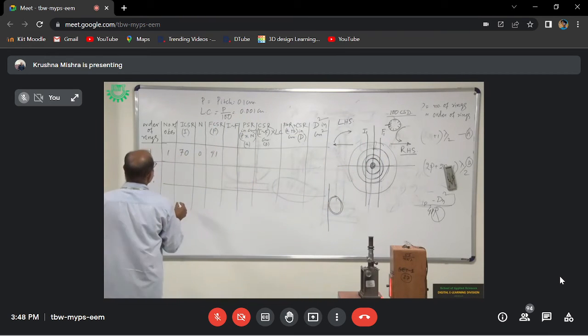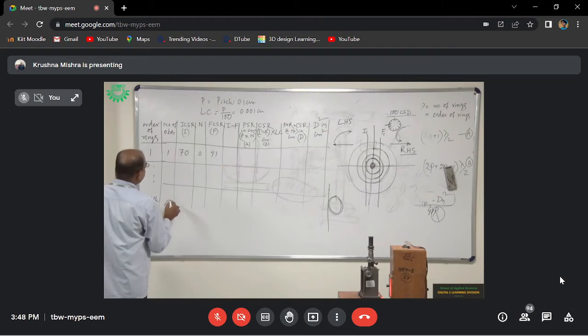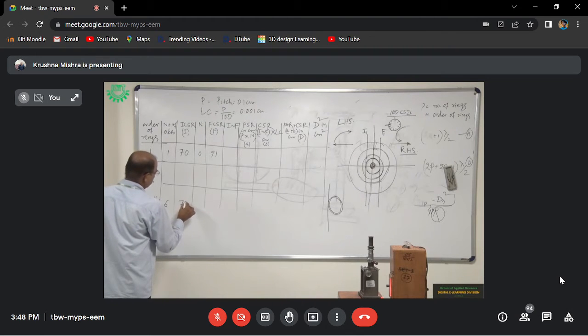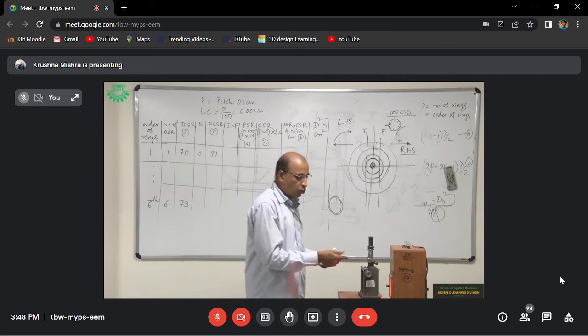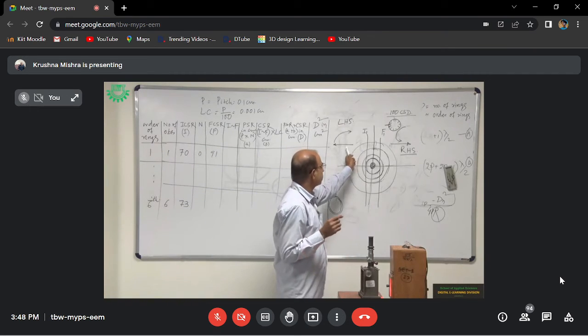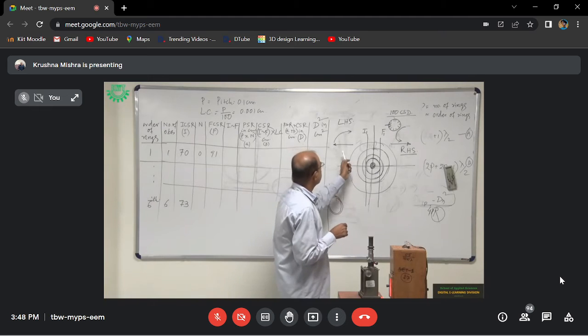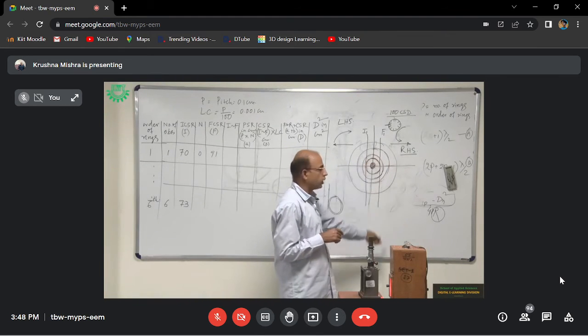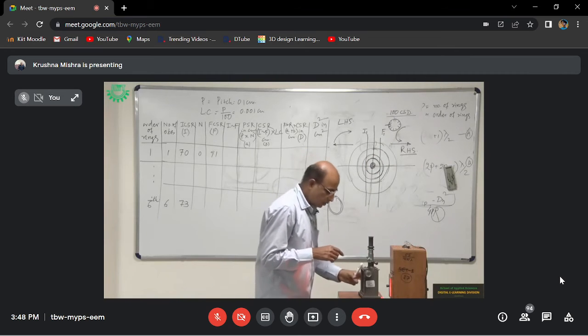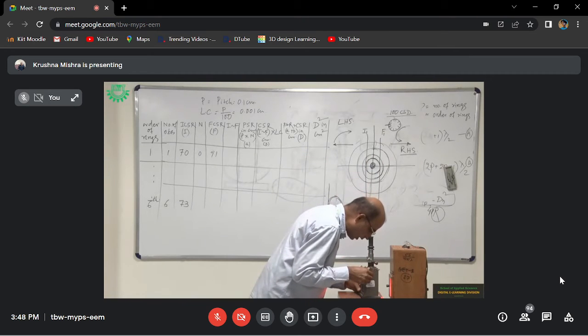So we can take here the initial reading, that is 73. Then I will go towards right hand side, from left to right. Again I have to keep this vertical crosswire tangentially, and at the same time I have to watch the number of rotations.